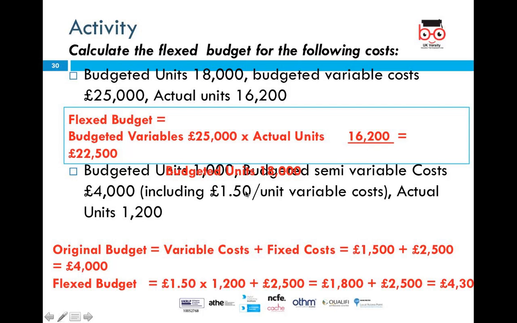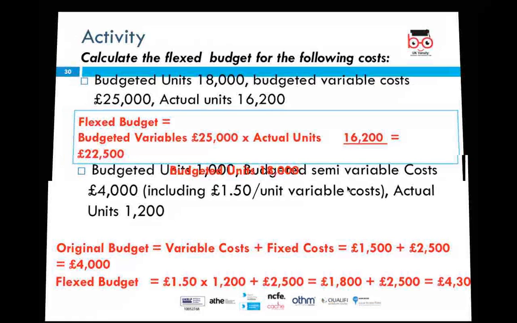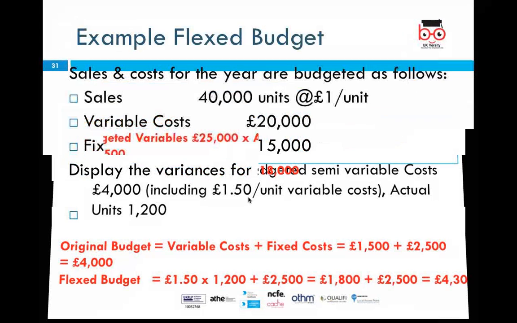And our original budget is here, variable cost and fixed cost, which is 1,500 and 25,000, which is 4,000. And then we estimate our flex budget here, per unit cost, and we add the per unit cost to our original budget, and that will be our flex budget, 4,300.